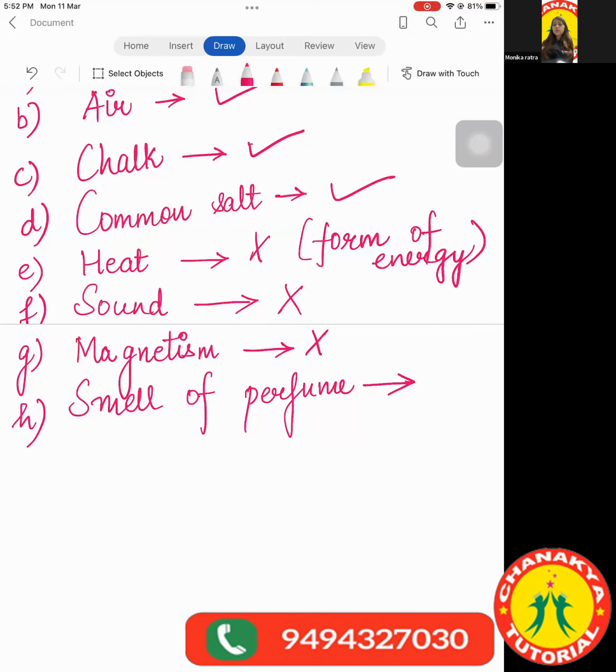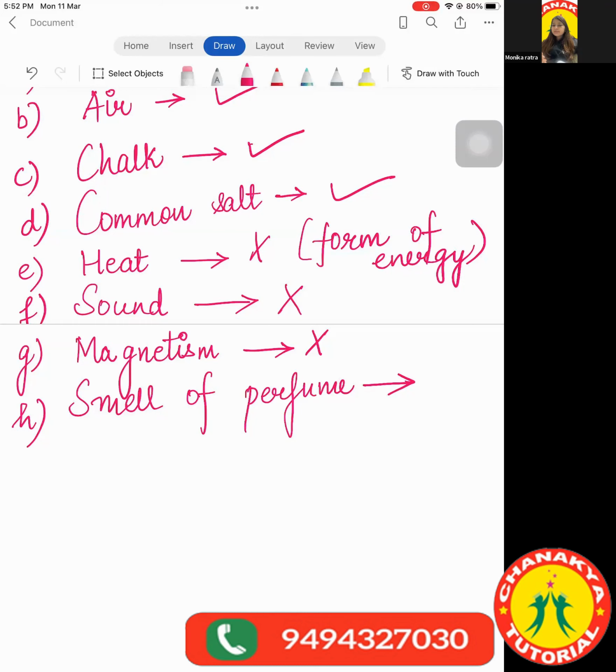Let me just change the question. If I make some food, it is hot, and you are maybe again 100 meters away from the food which I have made, will you be able to smell the food? Ma'am, if the smell is more, then we can.